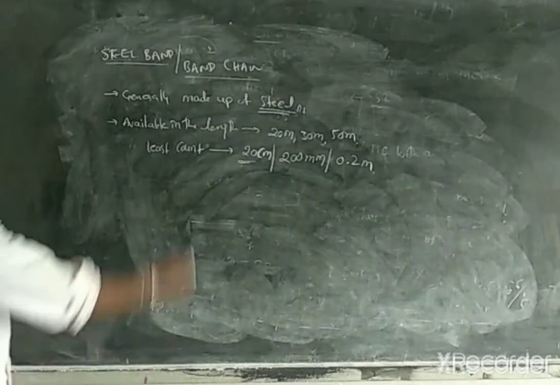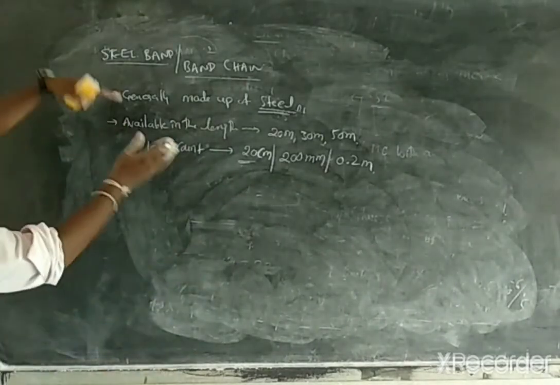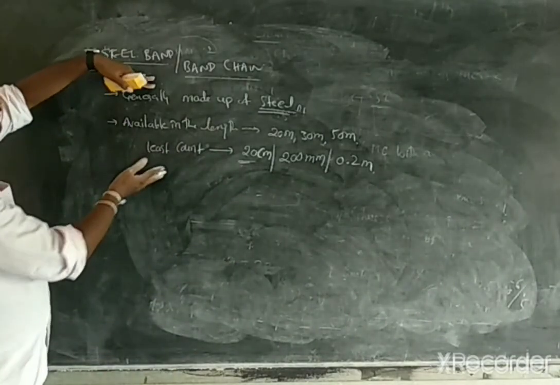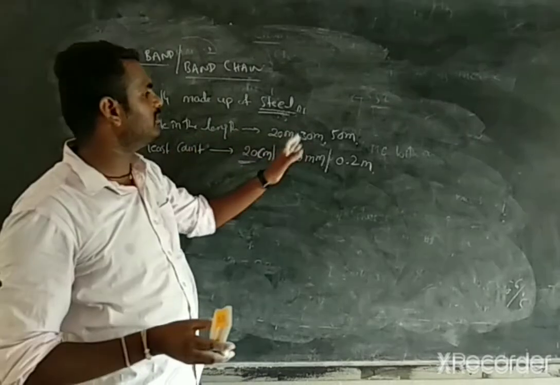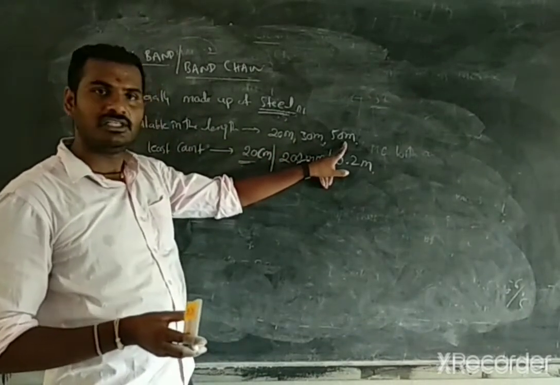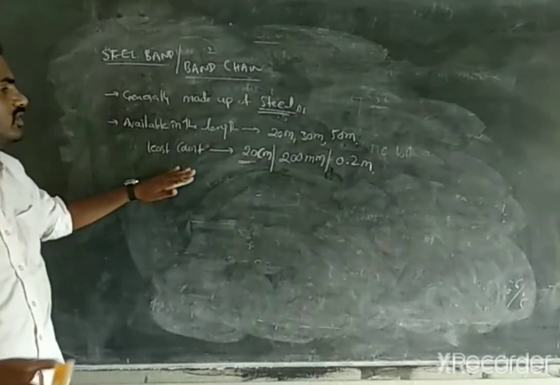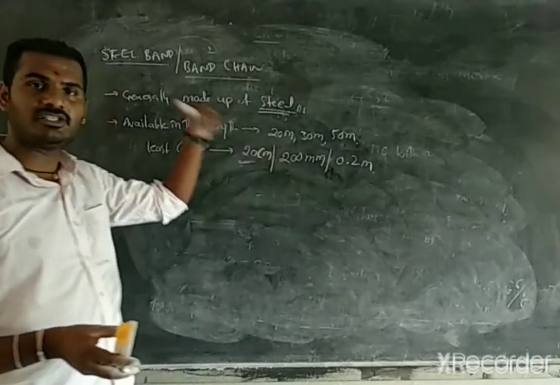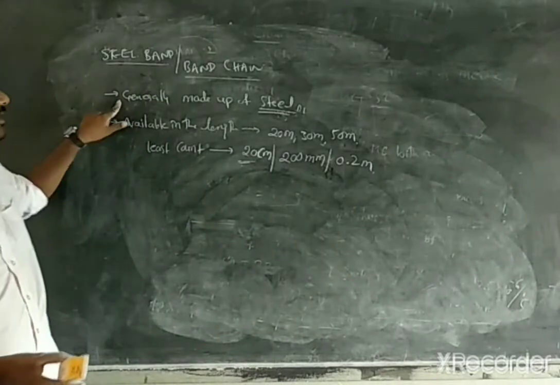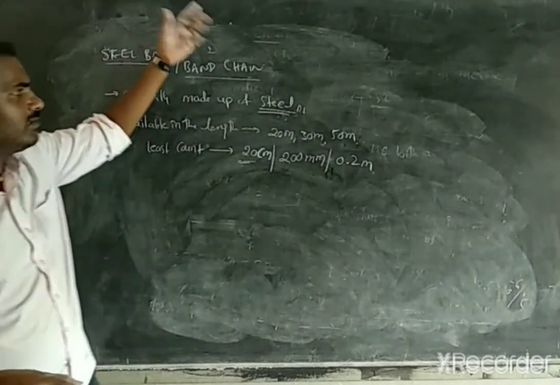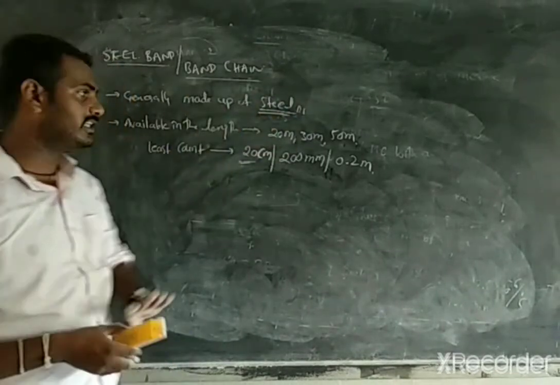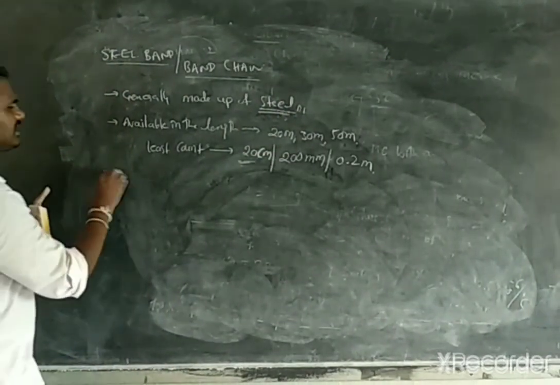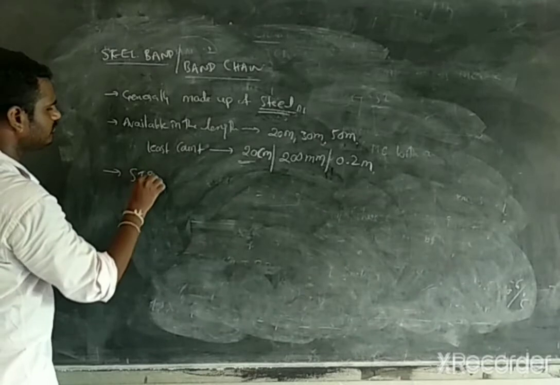So this is the least count, which means it is almost similar to the metric chain. The metric chain is also available in 20 and 30 meter, but here it is available up to 50 meter, and the least count is the same as your metric chain. But the metric chain is made up of iron, whereas here it is made up of steel, and it is a strip, not a link.